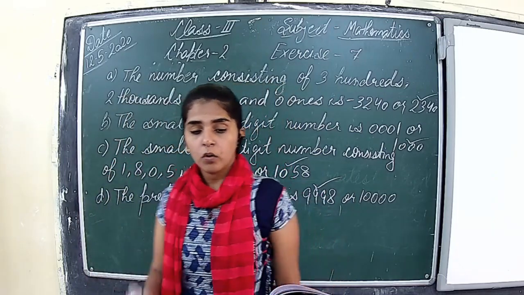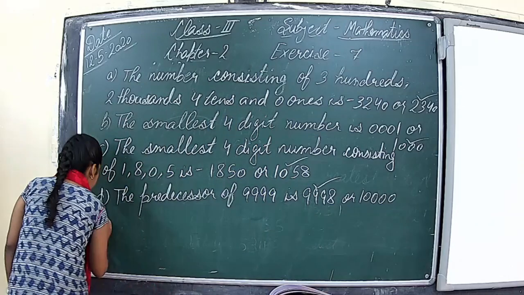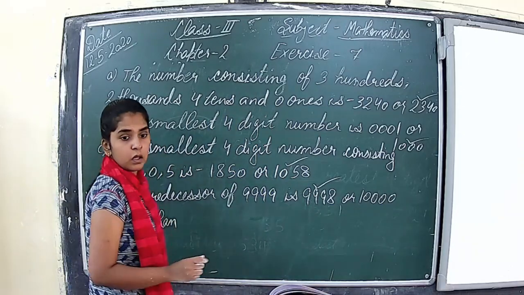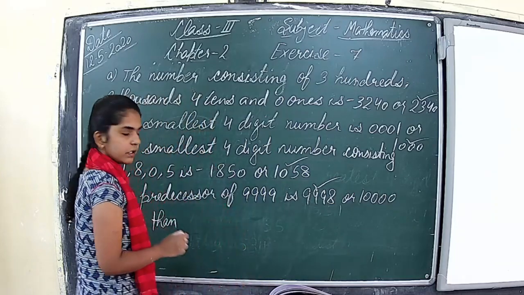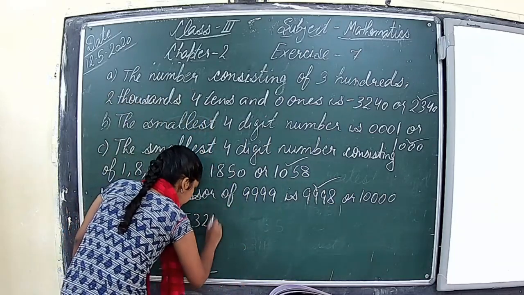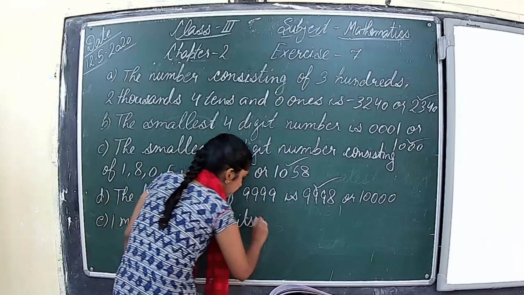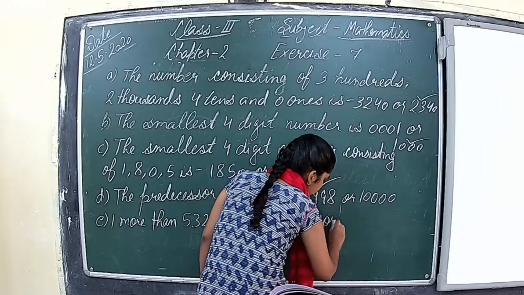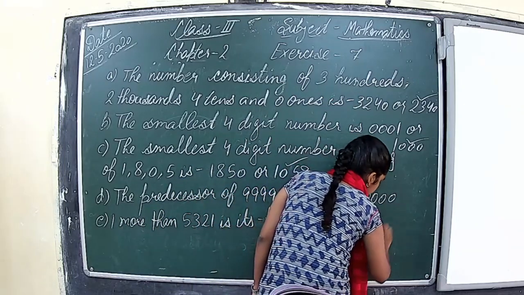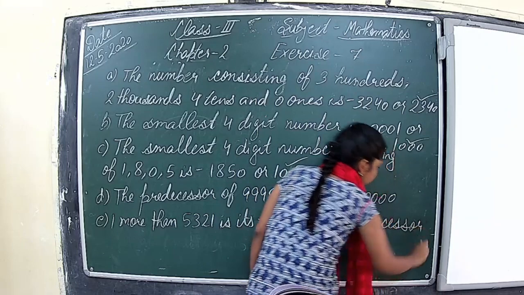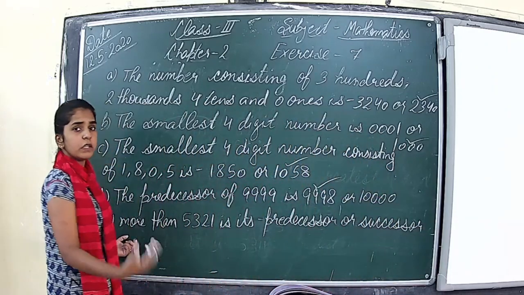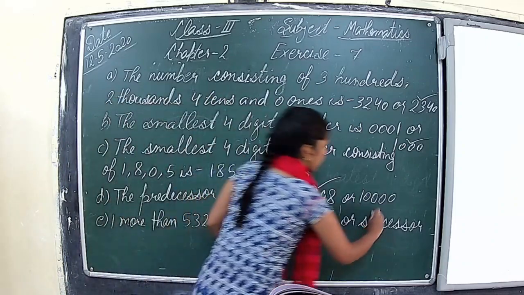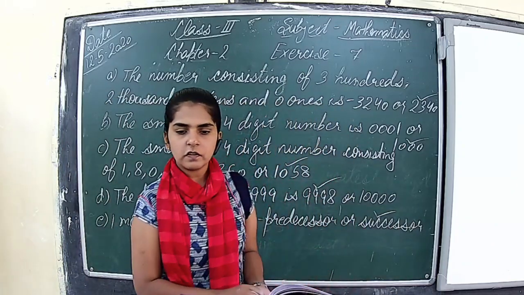Next, 1 more than 5321 is its predecessor or successor. One more than means the next number, so the next number is called the successor, right? So the correct option is successor.